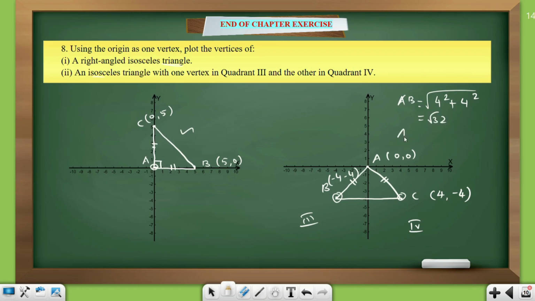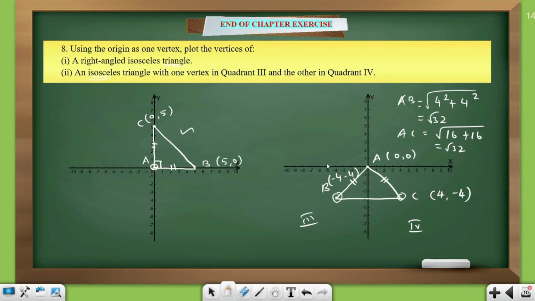Similarly, if you calculate AC's length, it is 0 minus 4, it's minus 4 square which is 16, and 0 minus of minus 4, it's plus 4 square which is 16, which is nothing but root 32. See, yes, AB's length is root 32, AC's length is also root 32. So these two sides are equal. So I can say that this is an isosceles triangle where one point is in quadrant 3 and another point is in quadrant 4.